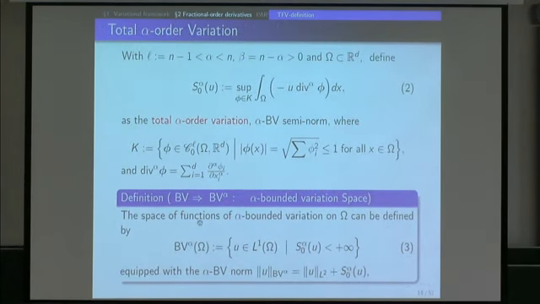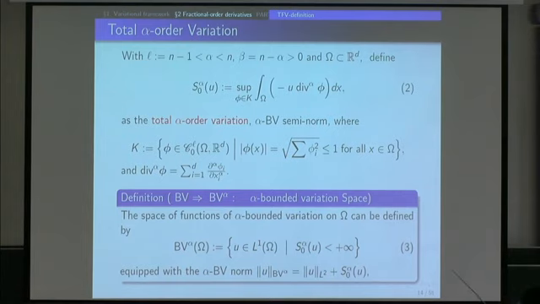Let's talk about a formal definition for this fractional seminorm. Assume again alpha is given. It's between two integers, n minus 1 and n. In practice, we use alpha between 1 and 2, so n would be 2 and n minus 1 would be 1.